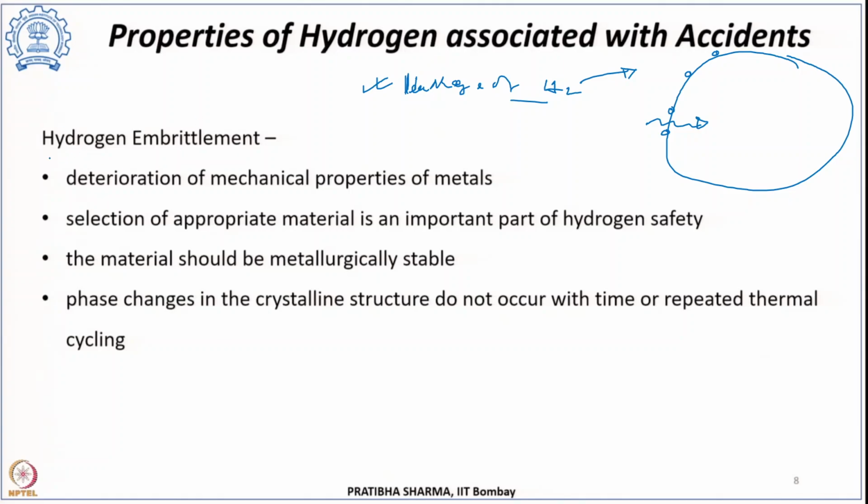You know hydrogen embrittlement. It is a material property where hydrogen diffuses into the material, and during the diffusion, it diffuses into the interstitials of the metal, or into the different phases or grains inside the metal.